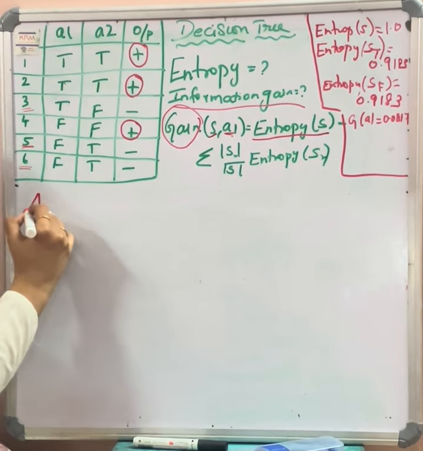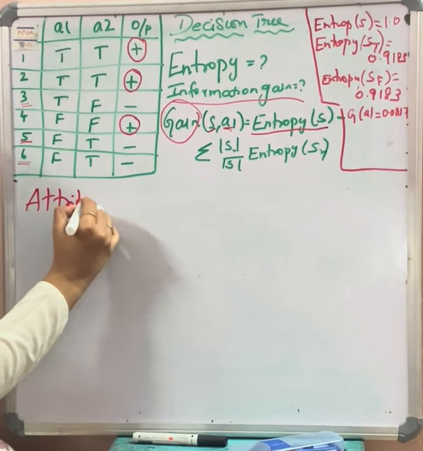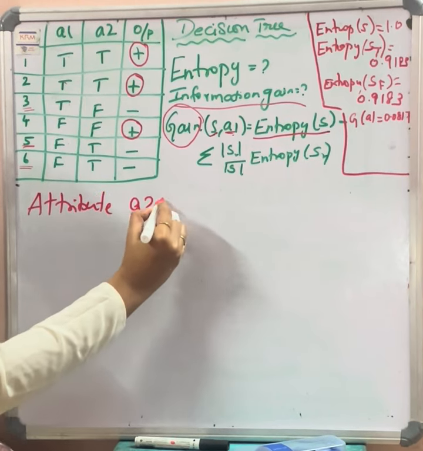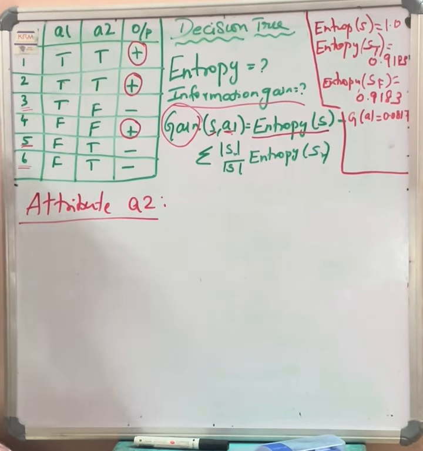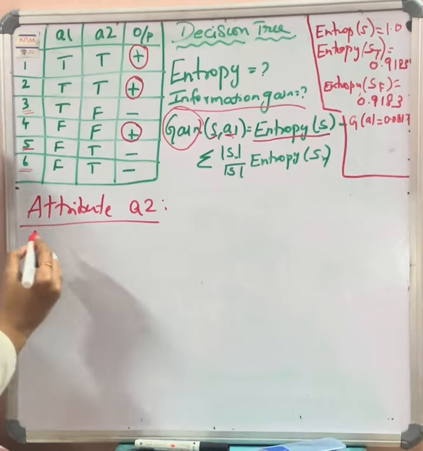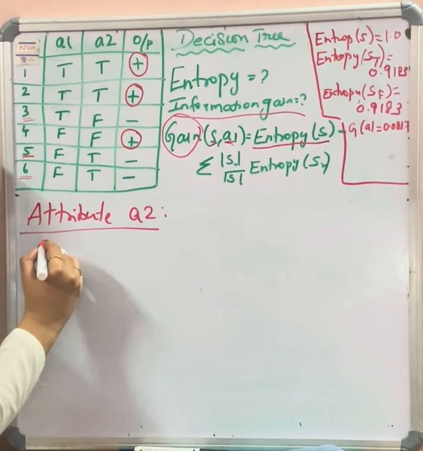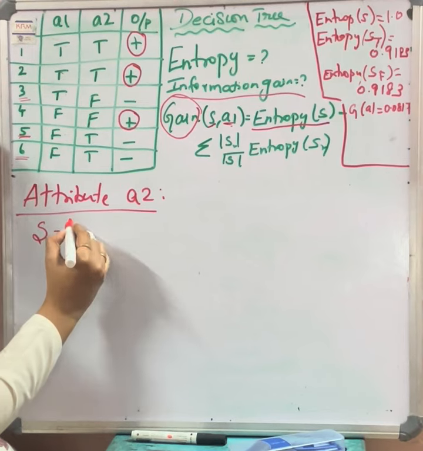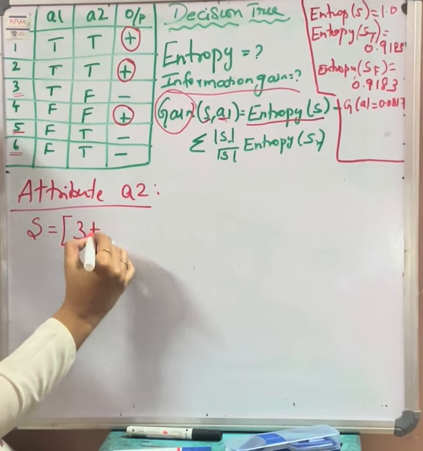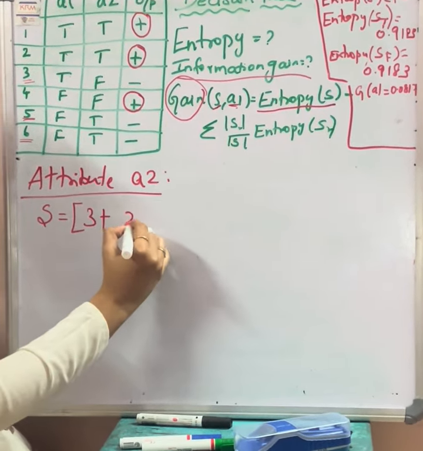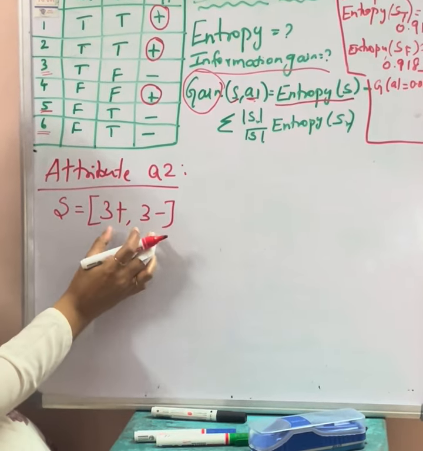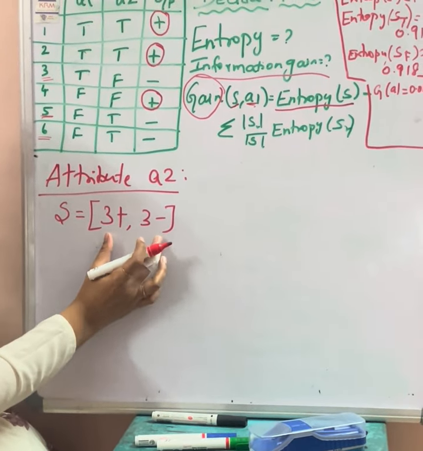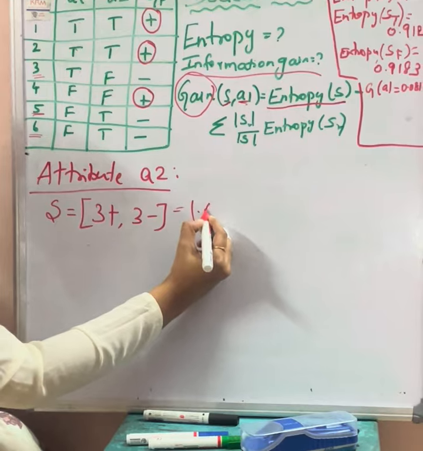So now we will similarly find the information gain that has been retrieved from A2 with respect to the given sample. The same way you have to find it for the whole sample. For the whole sample, what are the positive values? We have 3 positive and 3 negative. If the positive and negative contributions are equal, then you have to give 1.0.